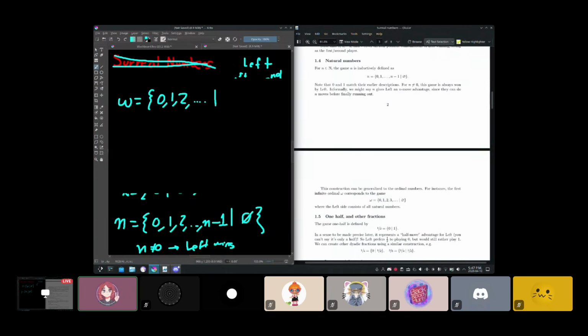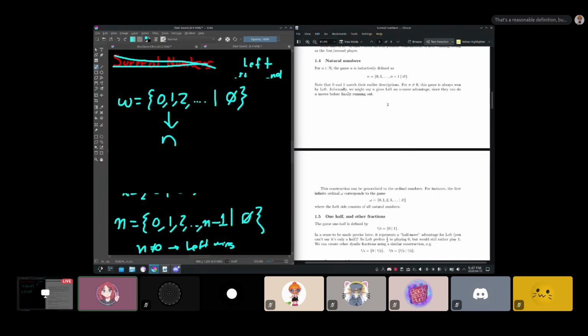All of them are options for left, and right has absolutely nothing to work with. So in some sort of way, it's an infinite move advantage for left. It's not literally an infinite amount of moves, because after left makes their first move, they will have to land on some natural number. It can be immensely large, but it's still going to be finite. So basically, Omega means that left can keep playing turns for as long as they want, but not for infinitely many turns.